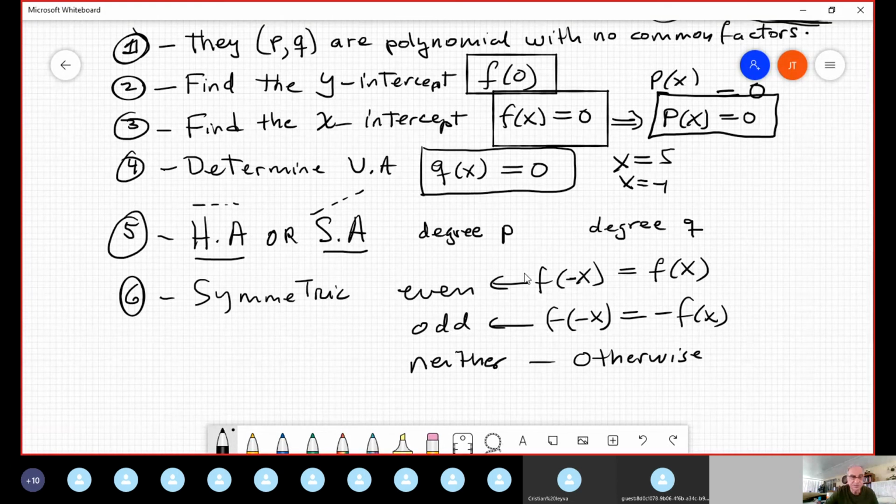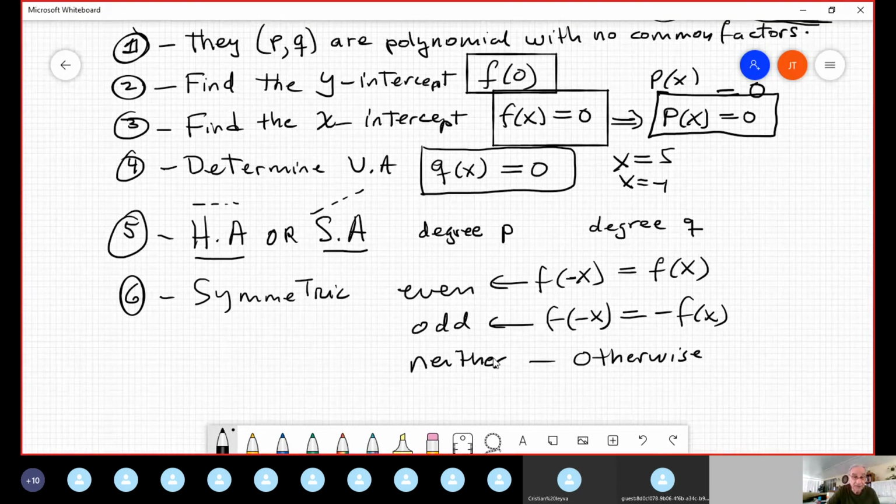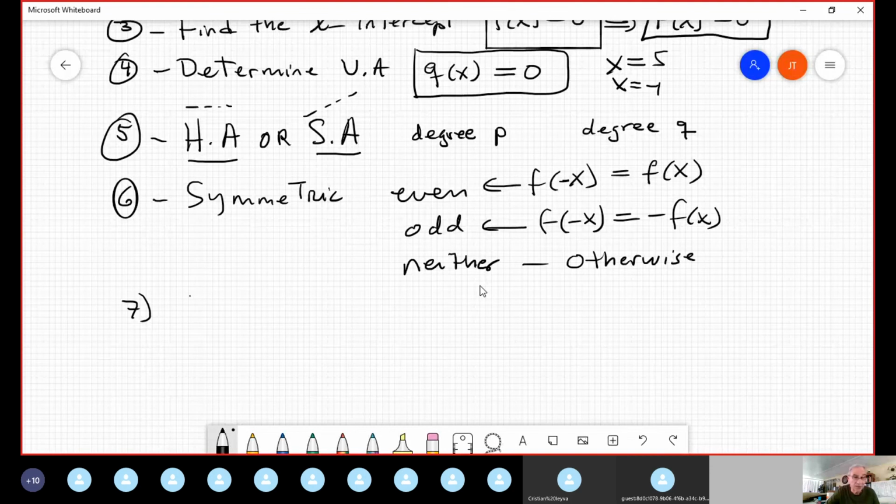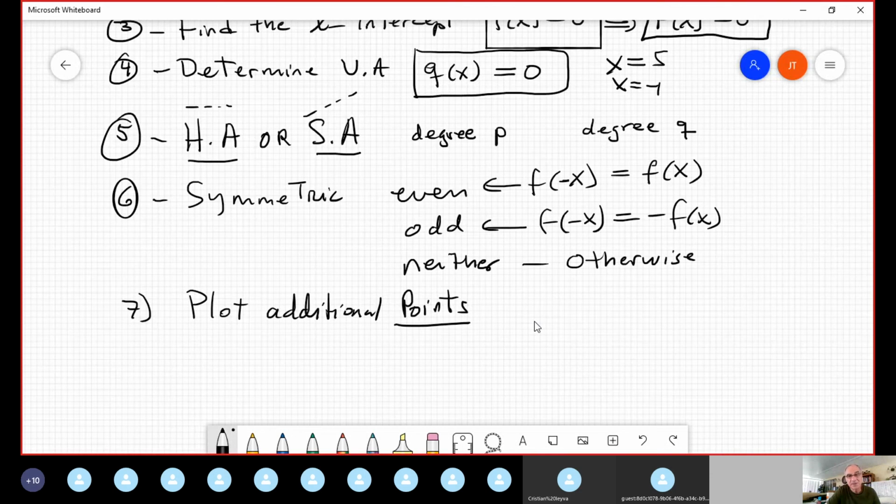it's neither. And finally, always you determine additional points. Plot additional points. How many points? I want to explain the technique to pick how many points you need, depending on the problem.